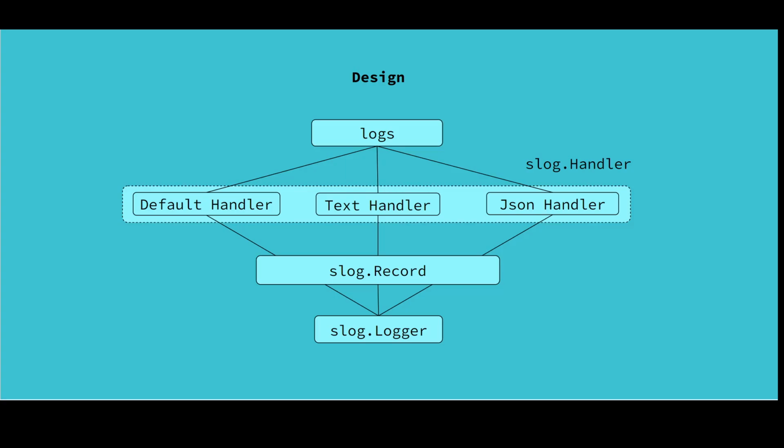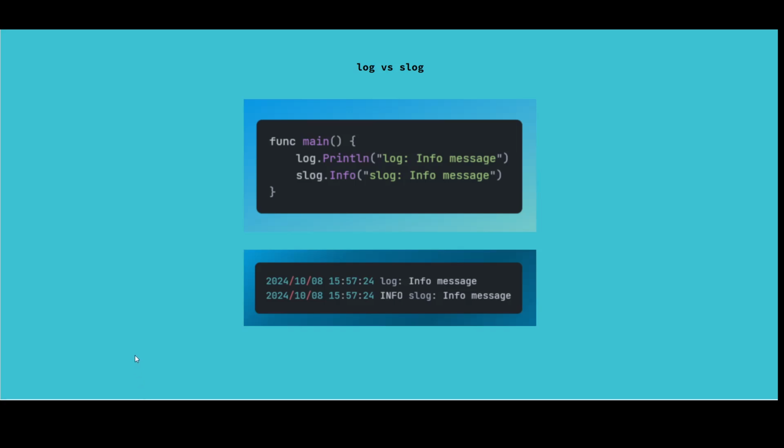And let's look at the legacy. So what is the difference between the legacy log versus the new structured logging? As you can see in the top one, I'm using log.Println and slog.Info, and at the bottom you can see the output from these commands.